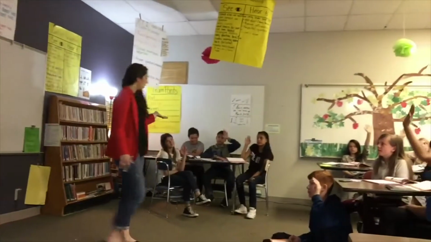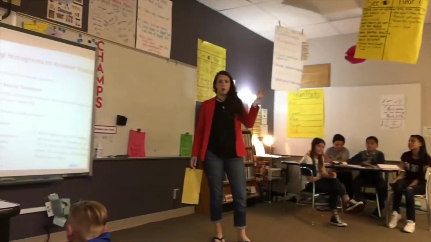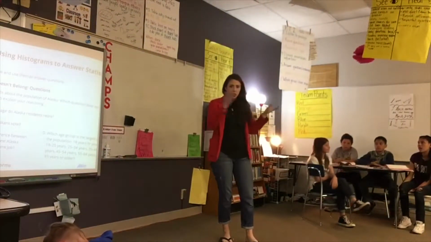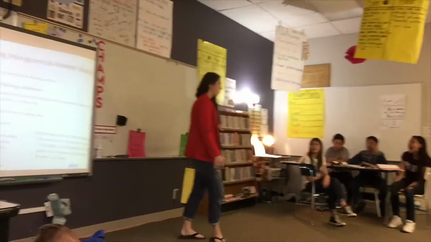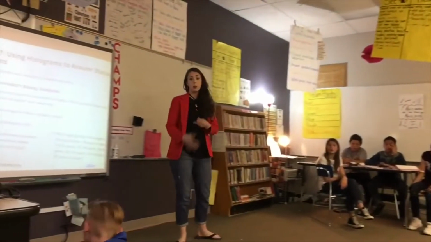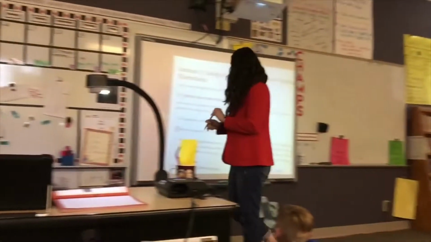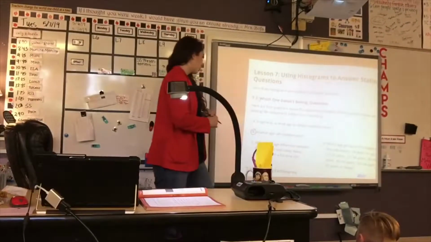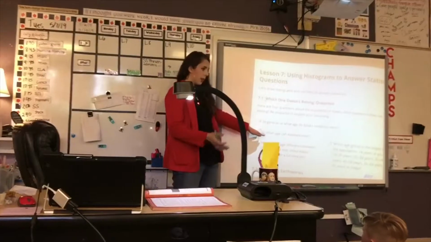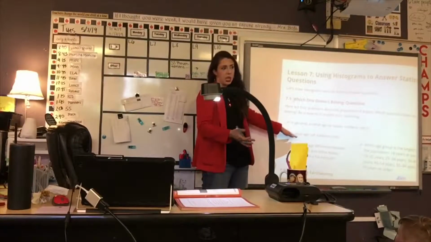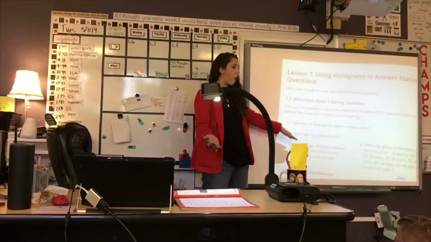Okay, statistical questions have a couple of things. They have variability, which means lots of variety in answers, and how many people does it survey? A lot. Okay. So if we look at question B, if we asked a lot of people or if we asked one person, what would the answer be? Would it be the same every time or would it be different?